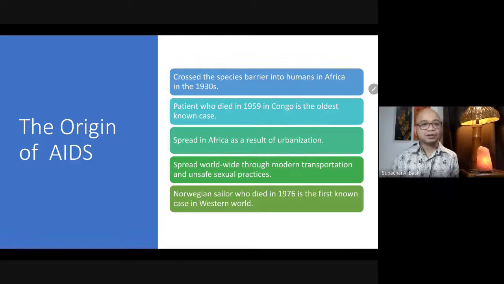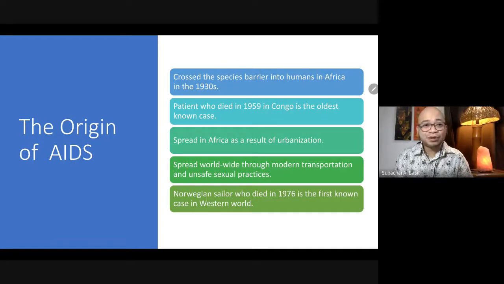Okay. So the origin of AIDS. They say that it crossed the species barrier into humans in Africa in the 1930s. Originally, the virus infects the rhesus monkey. We know for a fact that viruses are specific to the species.